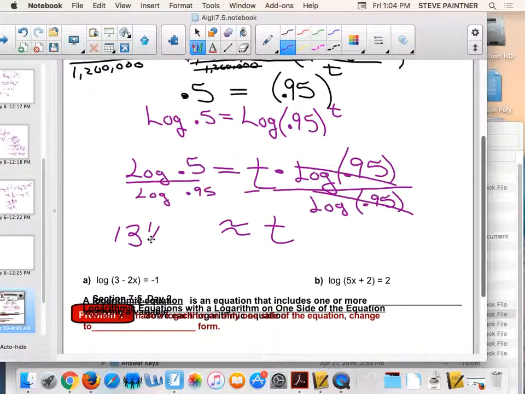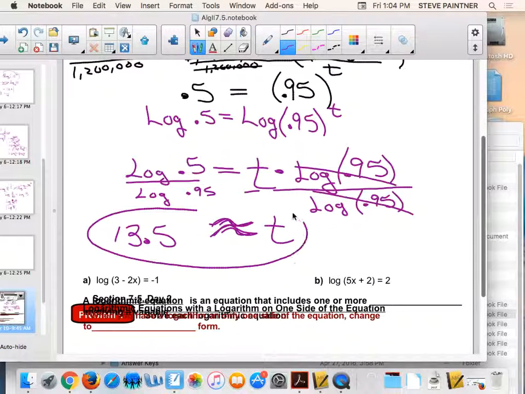Is it exactly 0.5? Oh, okay. So you're saying 0.5 and you're rounding that answer? Okay. So that's a rough estimate. This many what? Roughly 13.5 years.